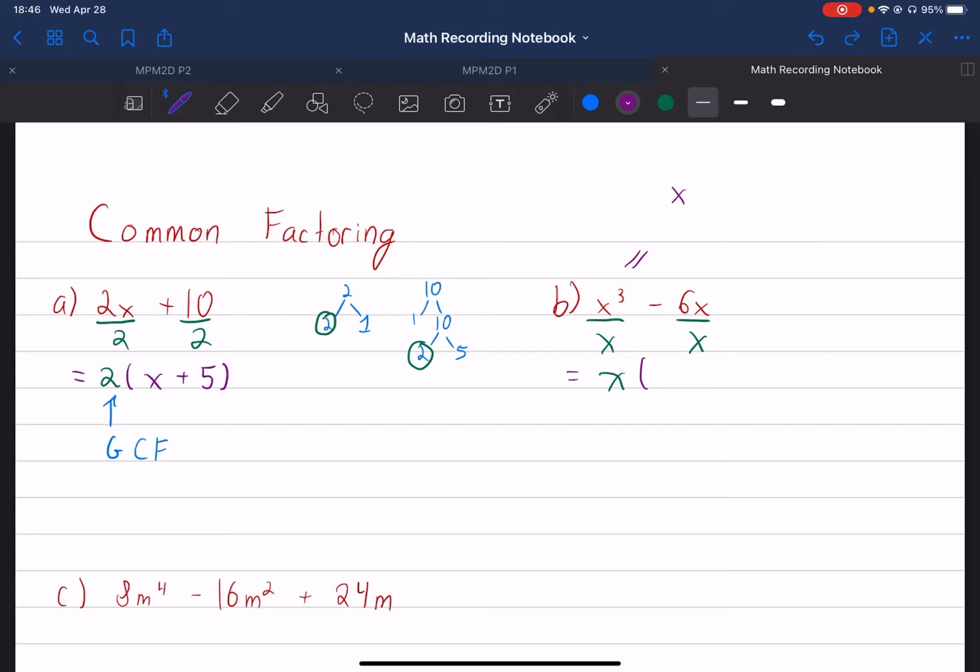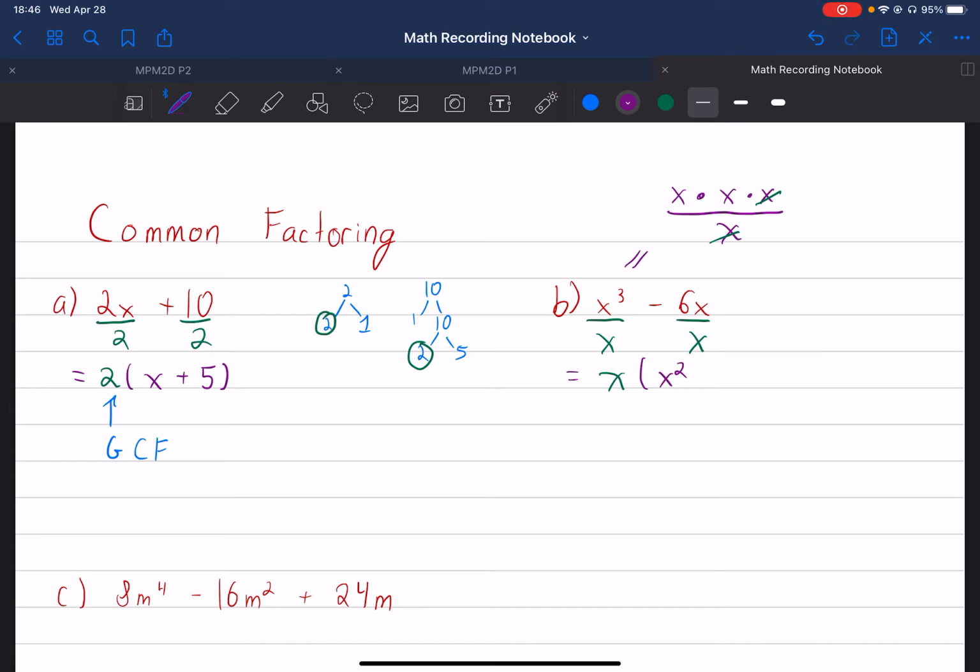I'm not going to do it as an x, we're going to use a little dot here to represent multiplication. And we're dividing it by an x on the bottom. These two x's cancel each other out, and we're just left with 2 x's on top. x times x is x squared. So we get x squared here.